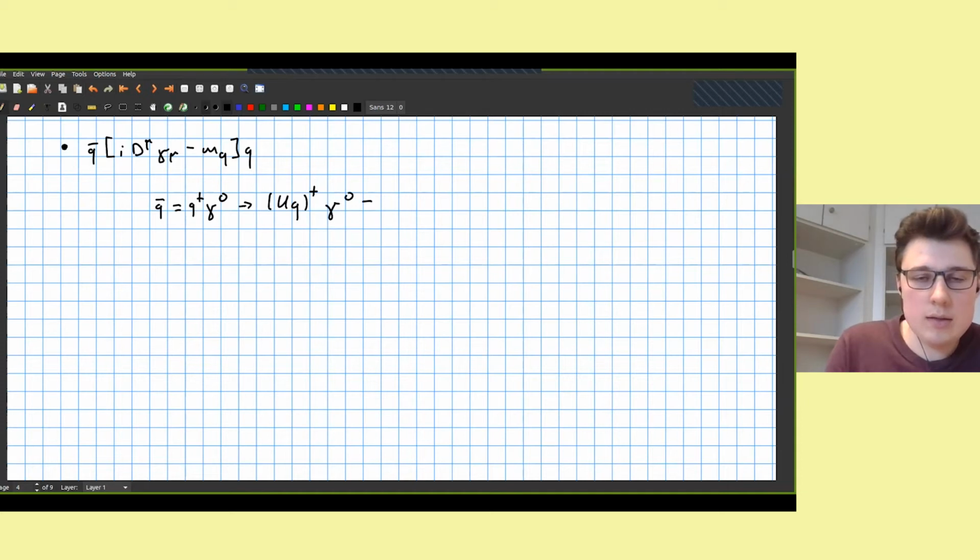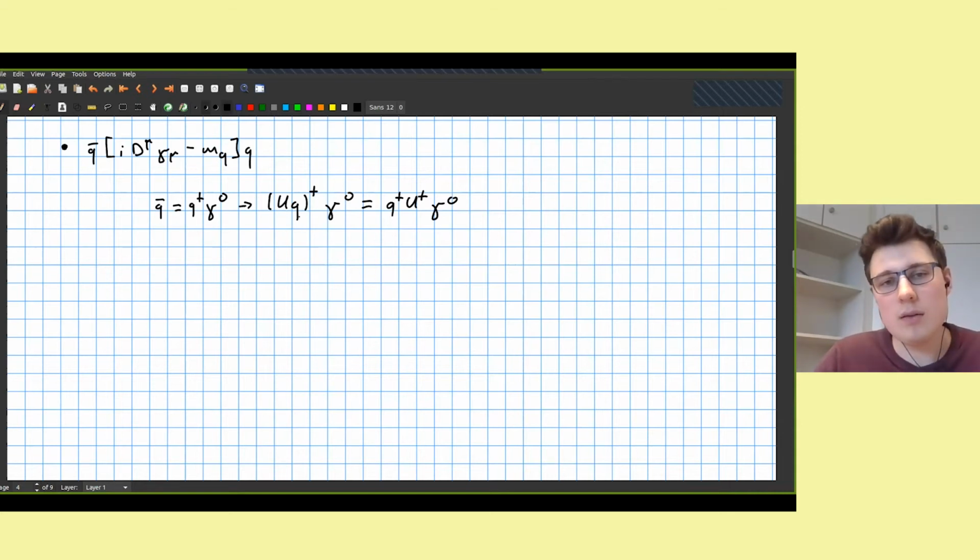And again, that's a simple relation from linear algebra, as the trace property. This gives us Q dagger, U dagger, gamma 0. So we switched the order of matrices under Hermitian conjugation. Okay.